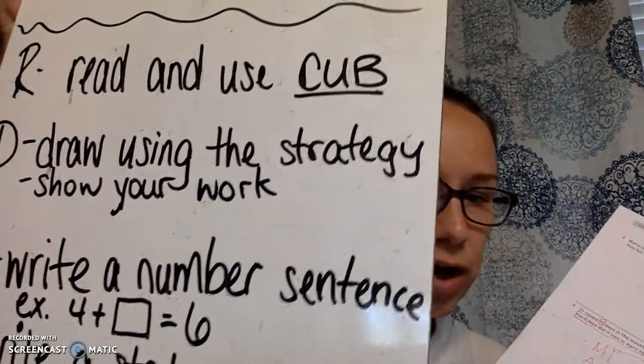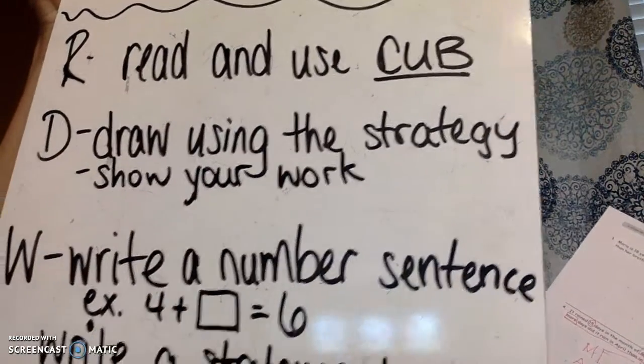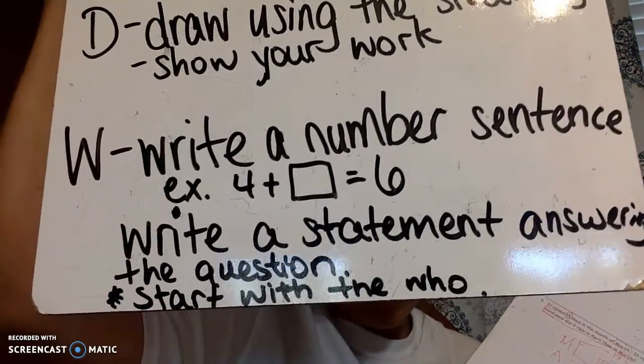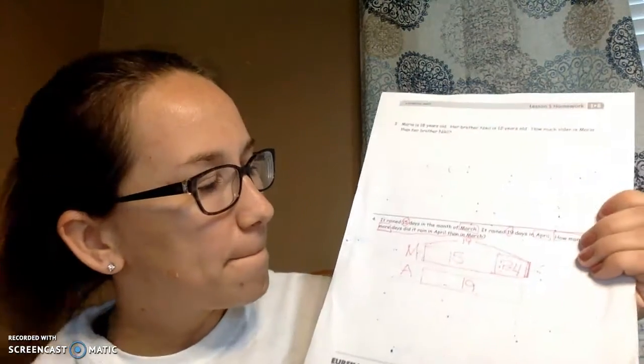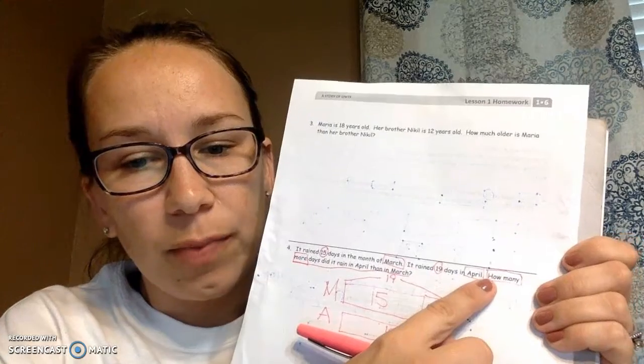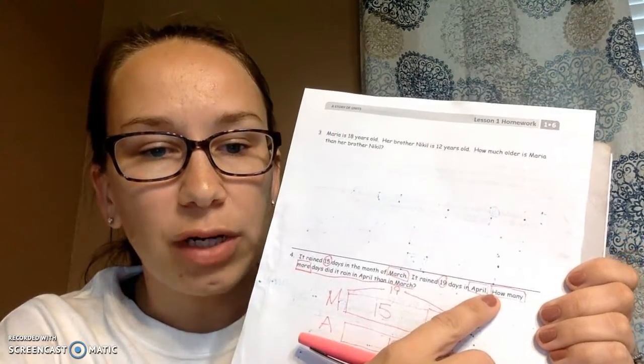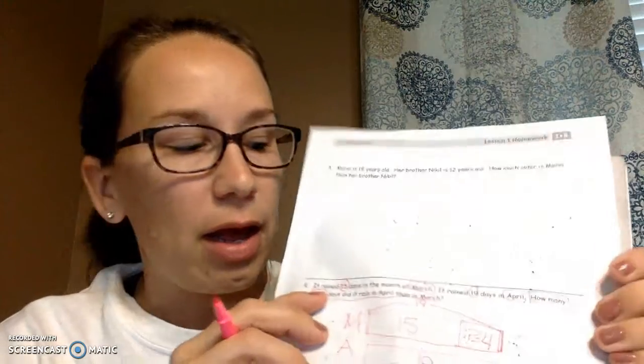Now that I did the D, drawing my work, I'm going to do the W part, which is writing a number sentence. Like I said earlier, these keywords, how many more, tell me that I need to subtract. And whenever I subtract, I need to put the biggest number where? Should I put it at the beginning or the end?